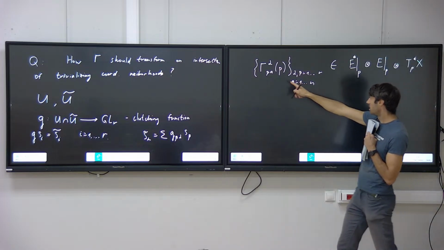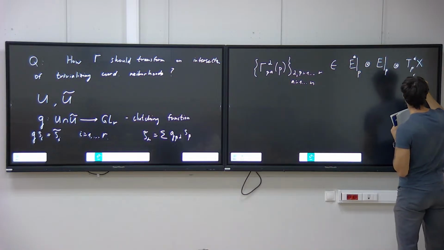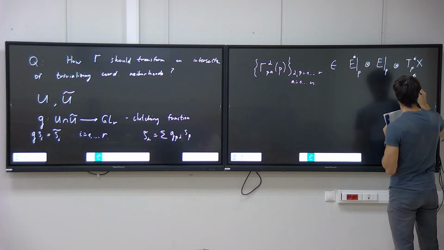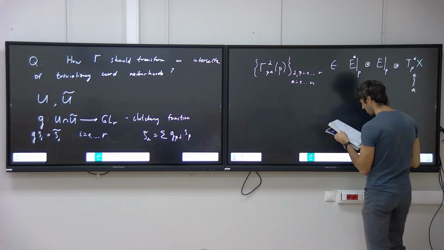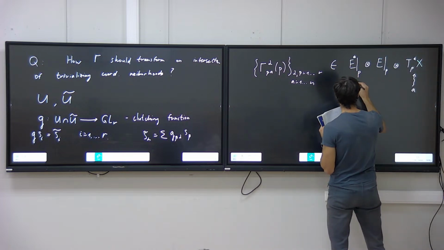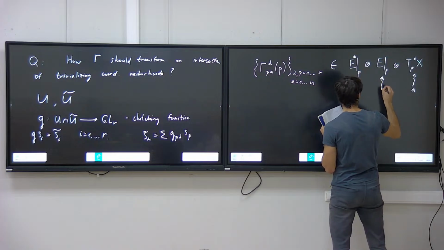Of course A corresponds to this factor, and then I need to be accurate about alpha and beta: beta goes here, and alpha goes here.